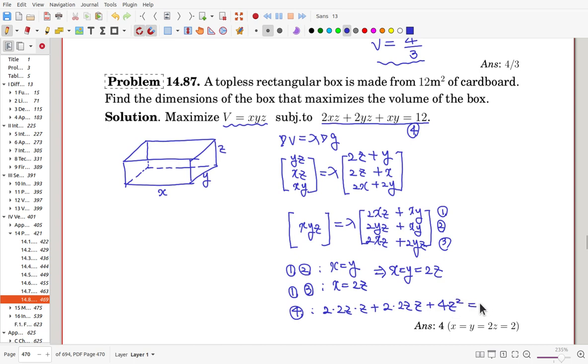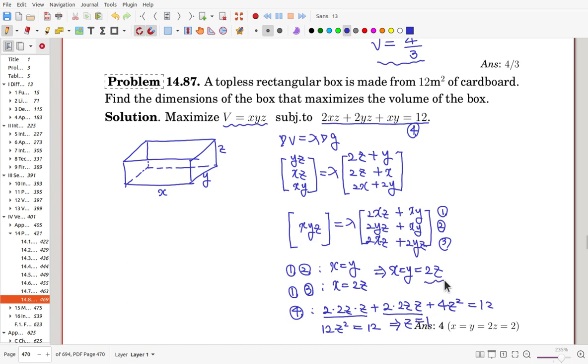Each term is 4z squared. So the left-hand side is 12z squared, which is 12. That means z is plus or minus 1, but it cannot be negative, since we are using xyz for the lengths of sides, so it must be 1.